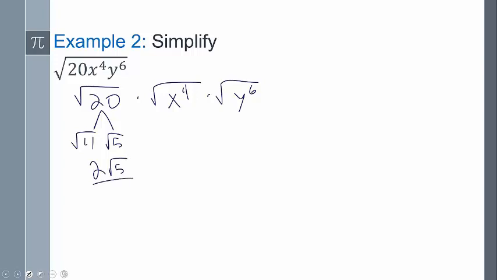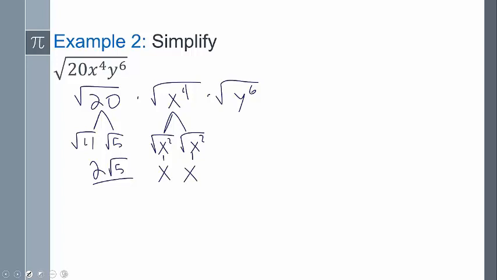Now the square root of x to the 4th. So I have to think to myself, how many x squareds, which are perfect squares, exist inside that square root? So I have 1 and 2, because x squared and x squared gives me x to the 4th, so that just simplifies into x squared.